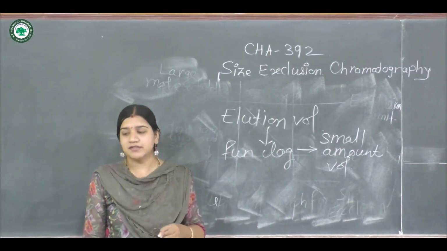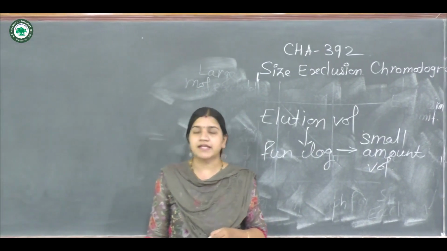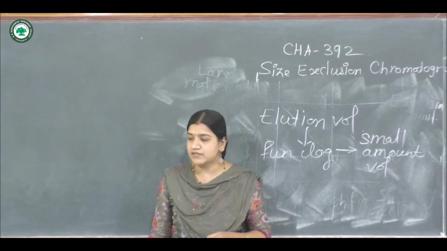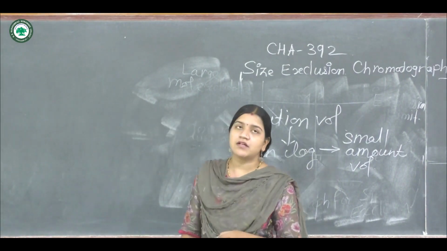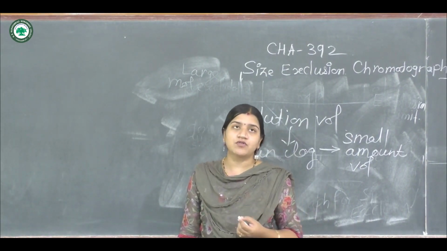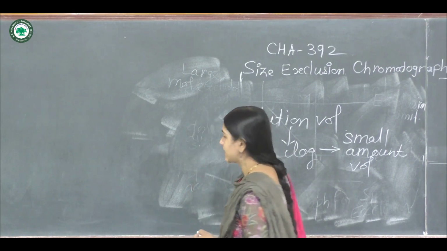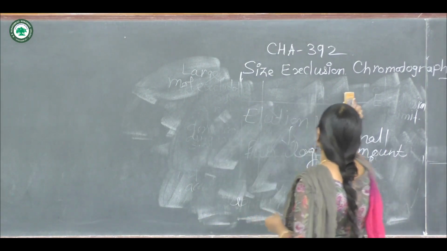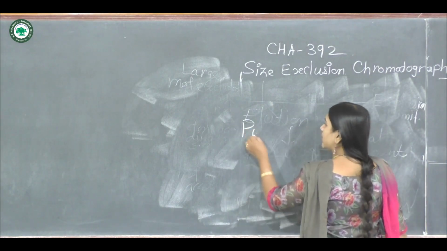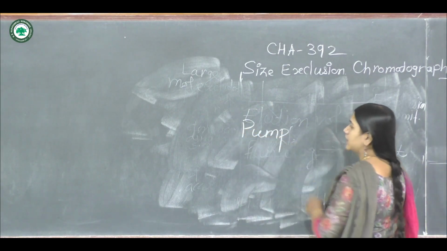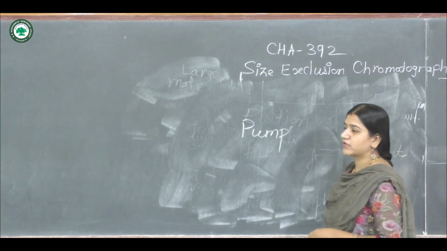Along with this, the second thing is that you also have to consider the pump, and how you control the pump in the case of size exclusion chromatography. So some minor things that you have to control are about the pump used in size exclusion chromatography.